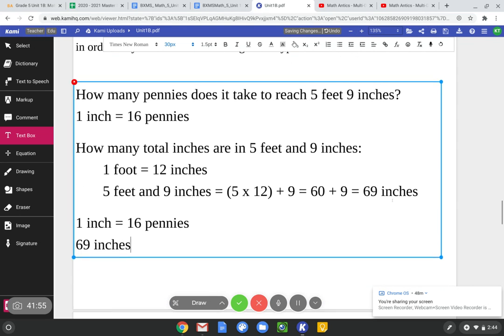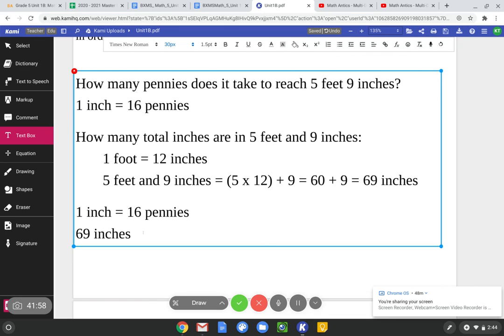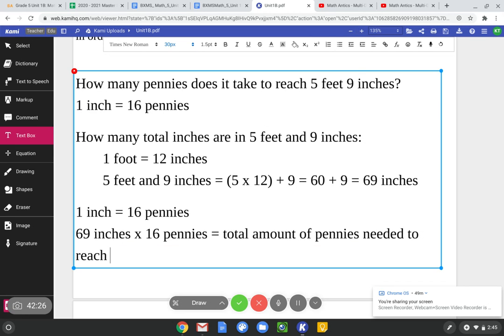So what do we need to do in order to find the total amount of pennies it takes to get to 69 inches? We are going to multiply 69 with 16. And that is going to give us the total amount of pennies needed to reach 5 feet 9 inches.